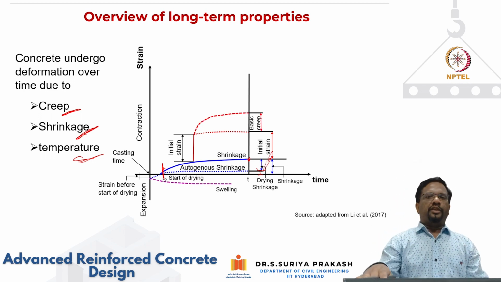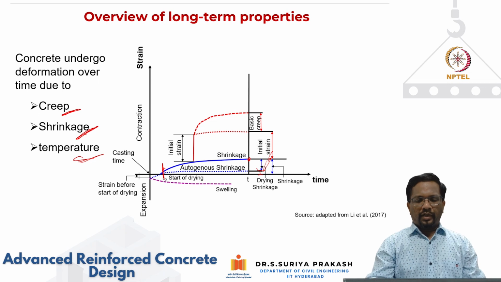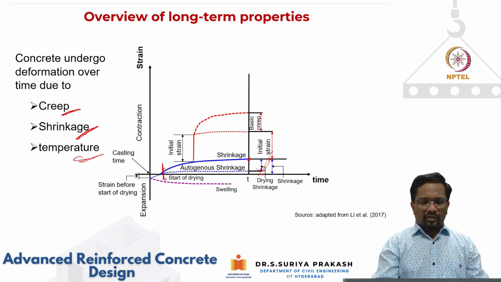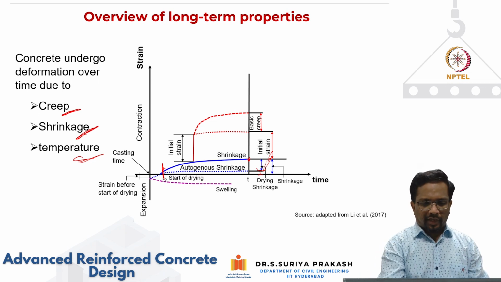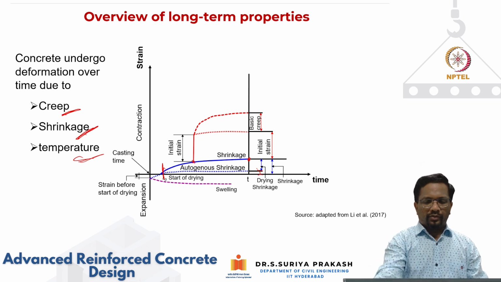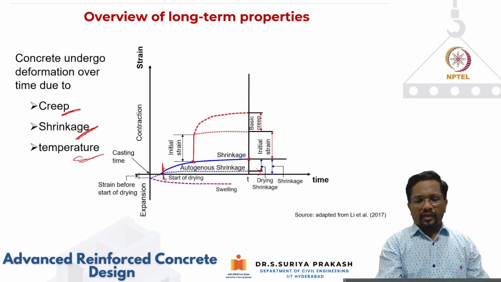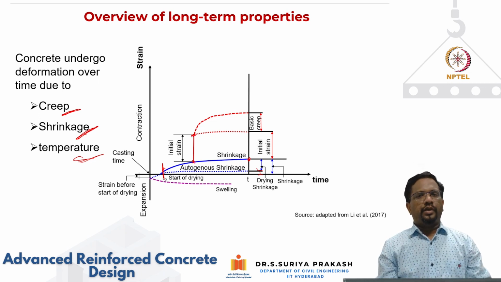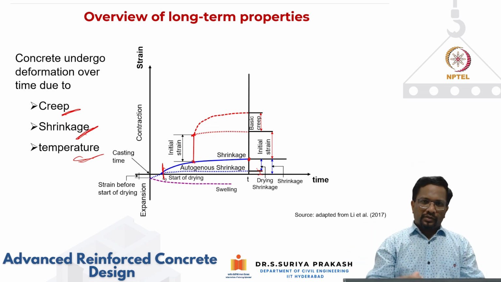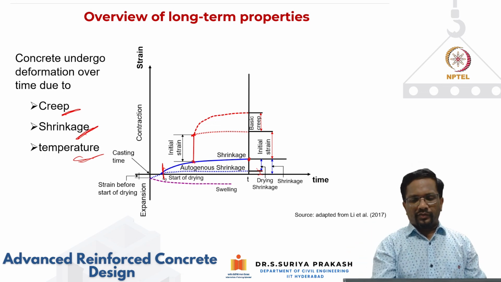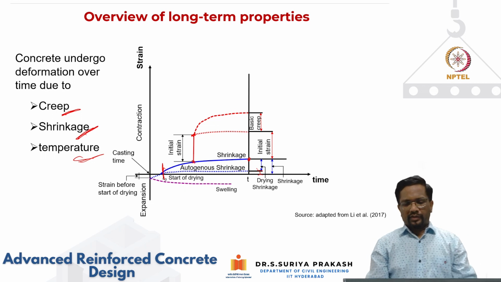Then the load remains constant, but we know that over a period of time the strain is increasing, right? However, it doesn't remain constant. Under constant stress, the strain is also going to increase. This is what we call the first component.